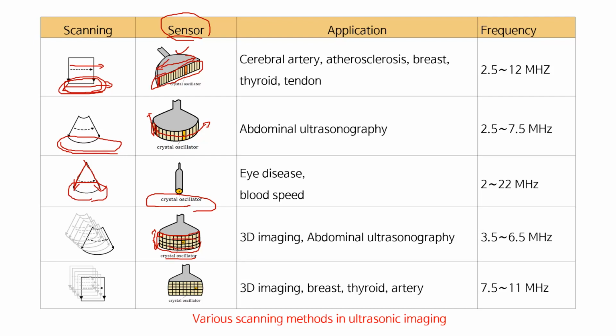So using this kind of transducer, we can get three-dimensional imaging. And this transducer is curved, but this one is a rectilinear two-dimensional transducer, and the scanning will be this way. So we can also have three-dimensional imaging using this kind of transducer.